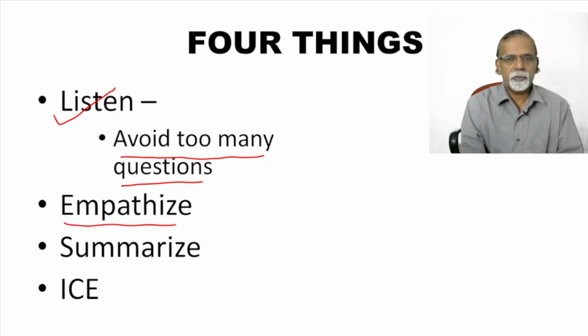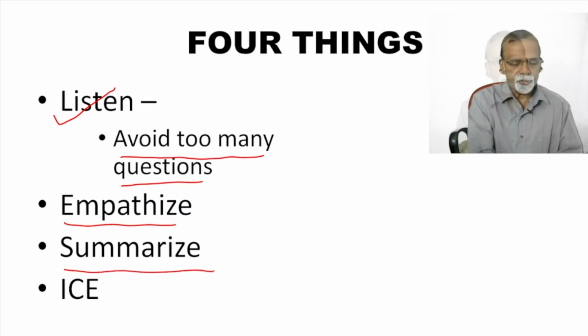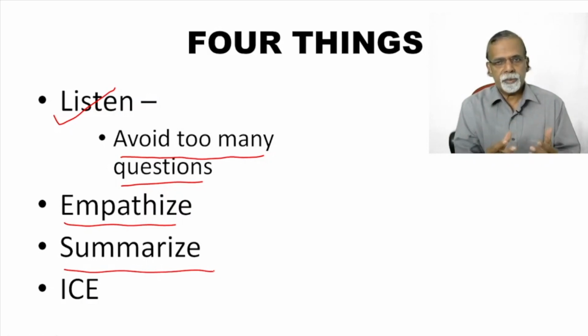Next is develop empathy. Empathize with the patient. It is not sympathizing. You try to understand the patient's problem and try to listen to them and respond to them. Then you summarize. After each step, you tell the patient, okay, this is what you are having. And at the end of the history taking, you summarize the whole problem.